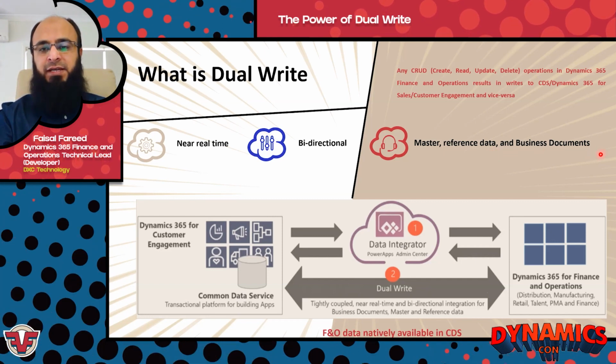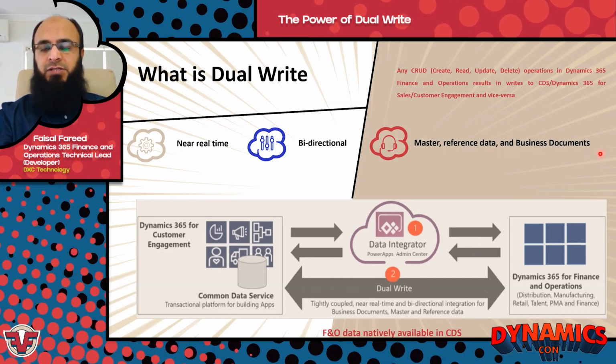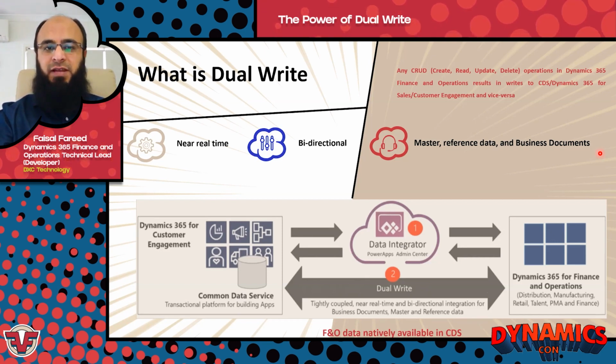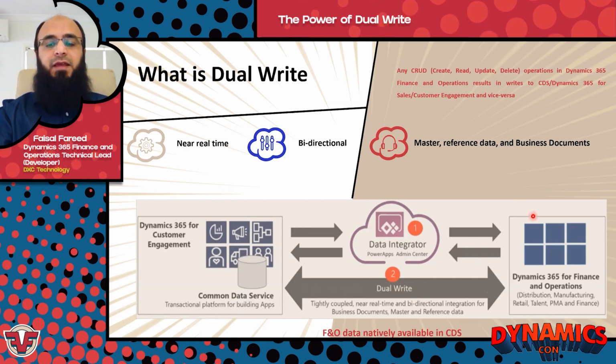You will have projects, purchase orders, sales orders, and so on. There are 120 or 125, don't quote me on the count, but that many entities out of the box available for dual write. Microsoft is still working on adding more and more data entities for dual write.